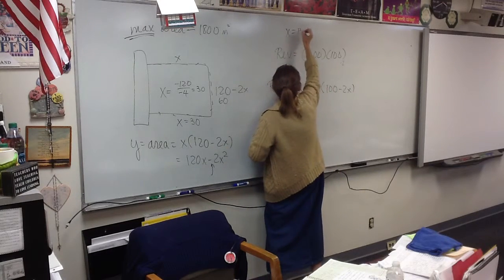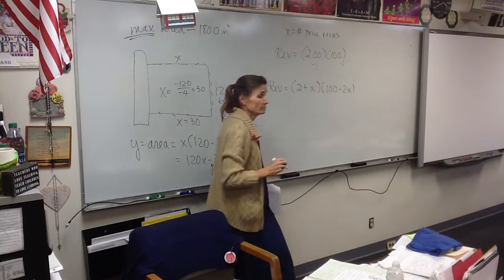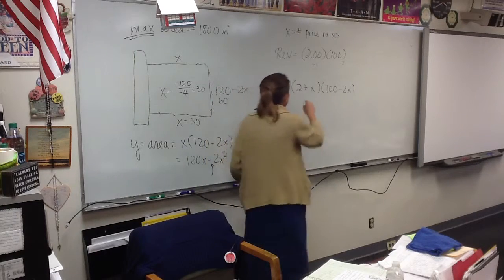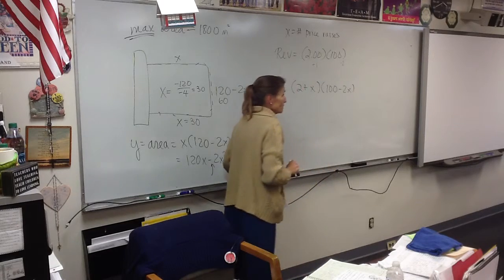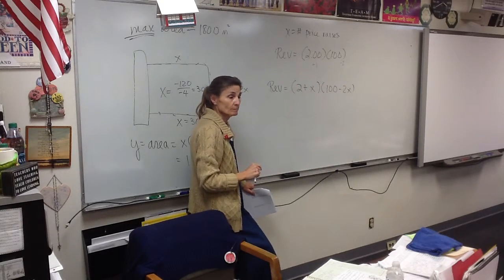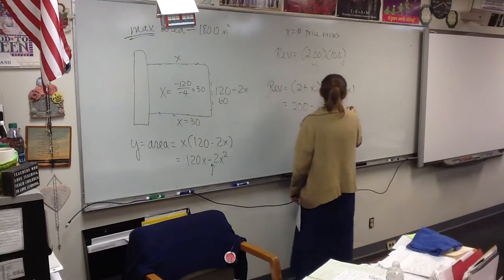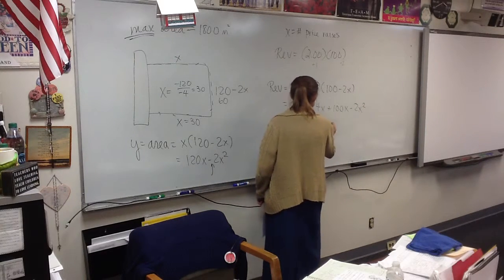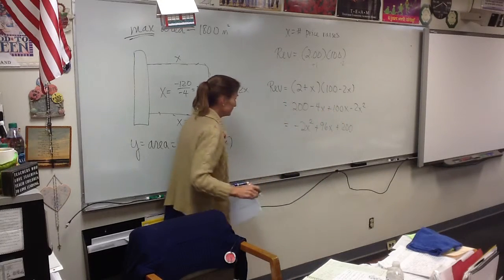And x is the number of price raises? Price is going up by 1s, customers are going down by 2s. Okay, what do we do now? FOIL. Hopefully I foiled correctly.